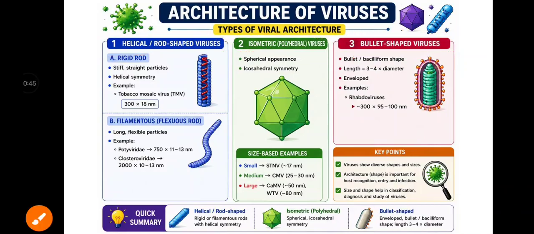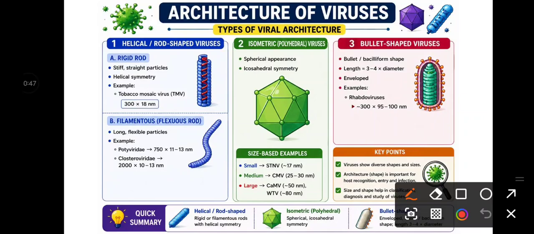First, the helical or rod shaped virus: inside the protein coat the nucleic acid is spirally present, and the protein coat forms a rod.